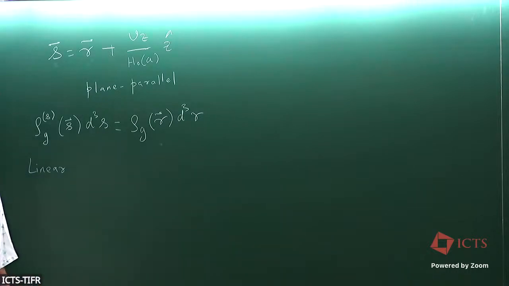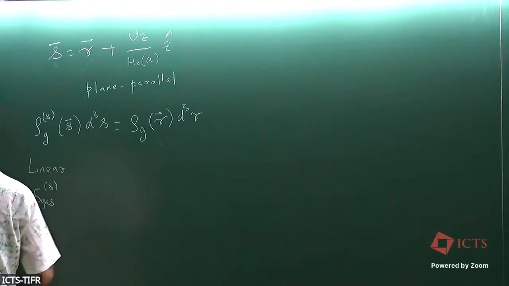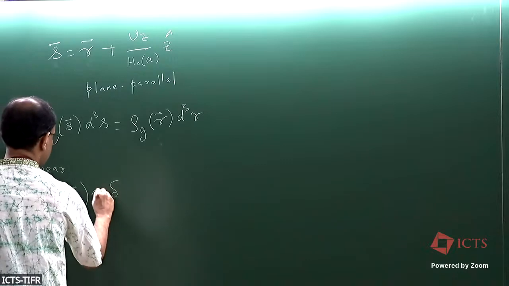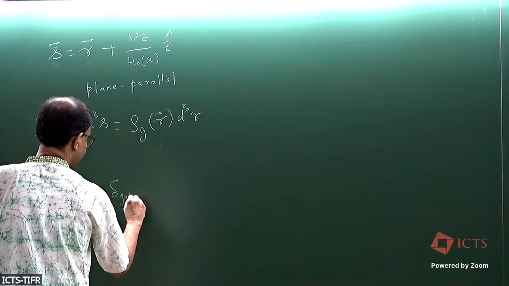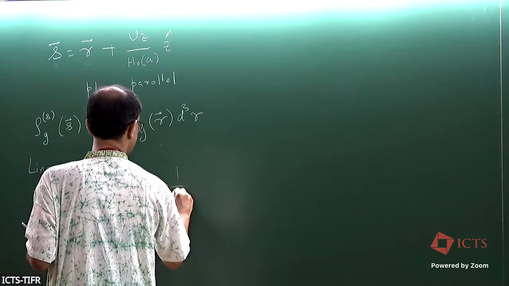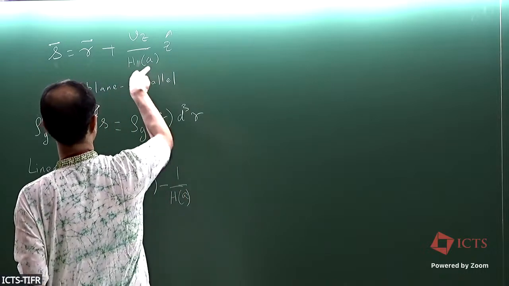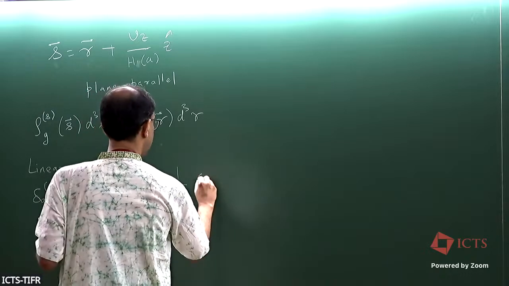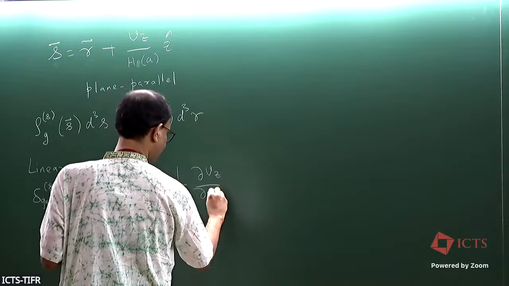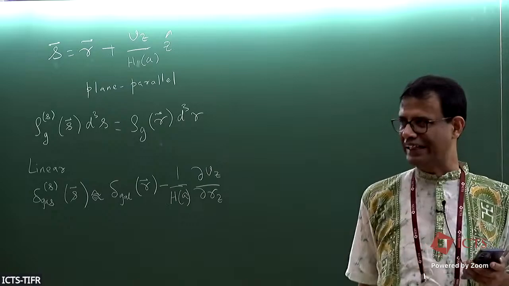What you will get is delta galaxy S in redshift space will be delta galaxy in real space minus 1 by HA, which is sitting, oh, there's no H naught A, this is HA, del Vz by del Rz, meaning basically the position along the Z direction.